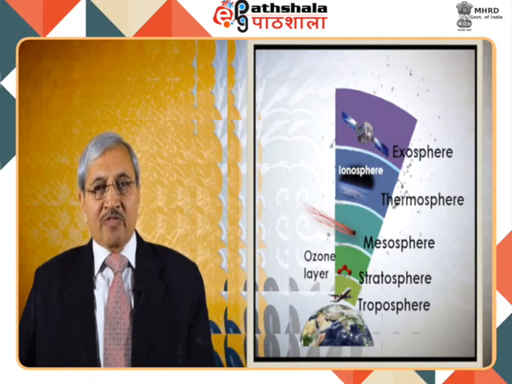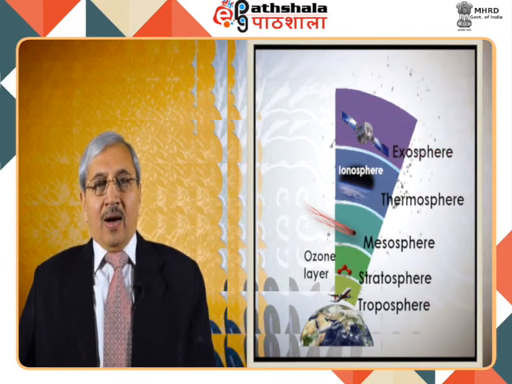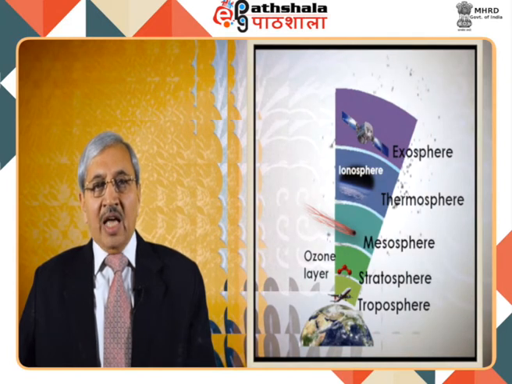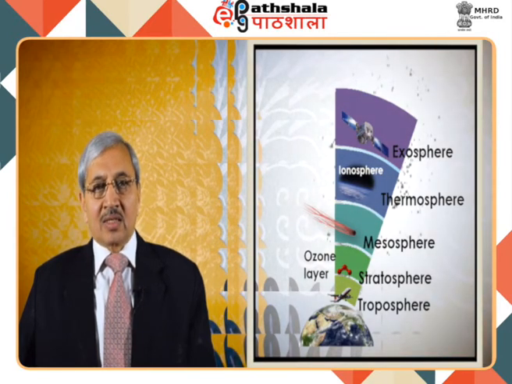Based on temperature variation, the atmosphere is divided into 5 layers, that is, troposphere, stratosphere, mesosphere, thermosphere, and exosphere. All the 5 layers have their own significance in maintaining the temperature on Earth. As far as the troposphere is concerned, it is the closest layer to the Earth's surface.